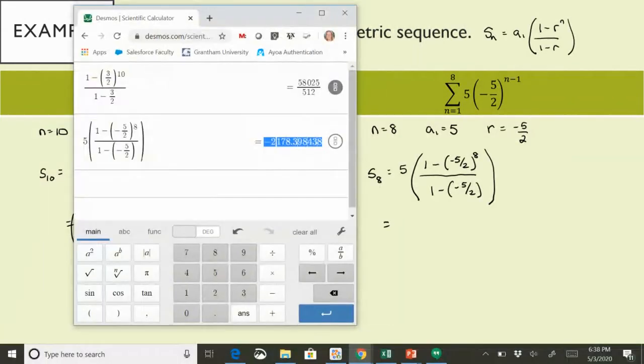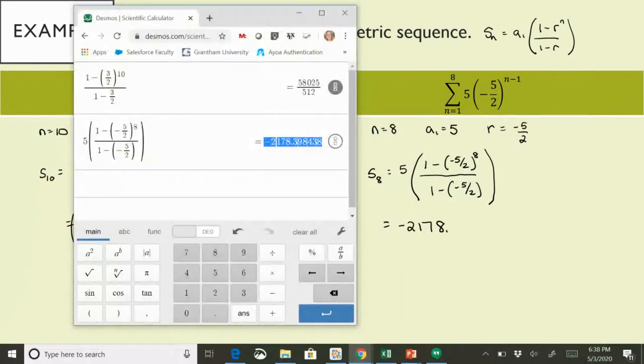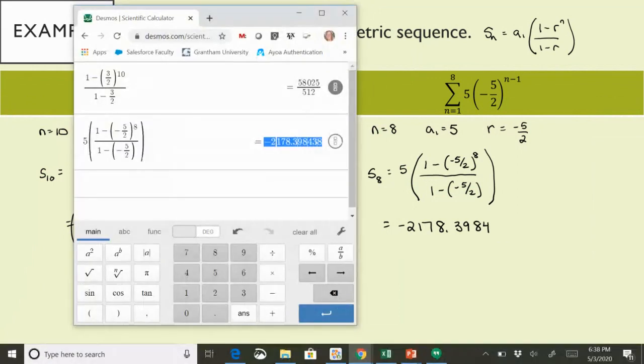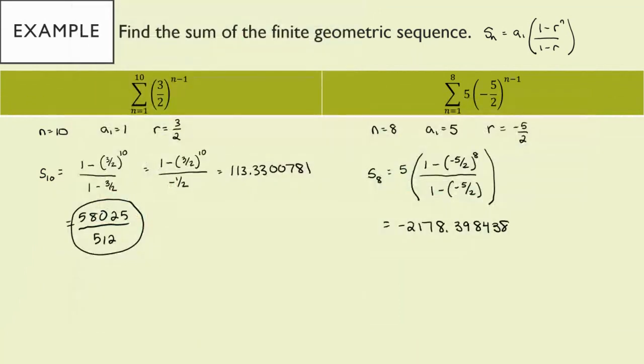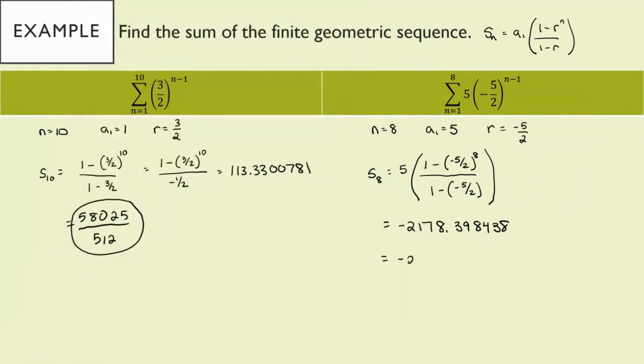So the decimal is 2178.33984 and so on. And then as a fraction, negative 27,278,135,835 over 128.